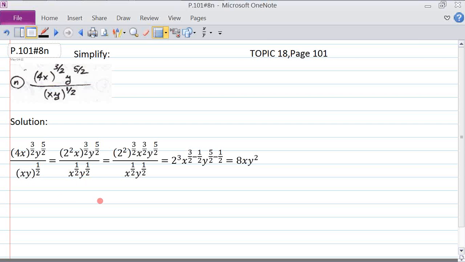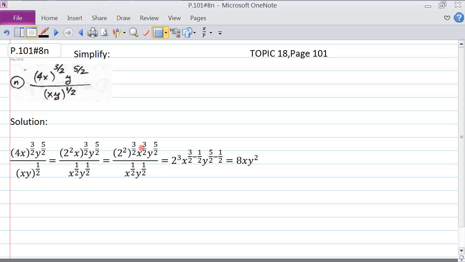And now what I'm going to do is leave the 2 squared to the 3 halves here, and I'm going to take x to the 3 halves right here. This is x raised to the power 1 times 3 halves, which gives me x to the 3 halves.